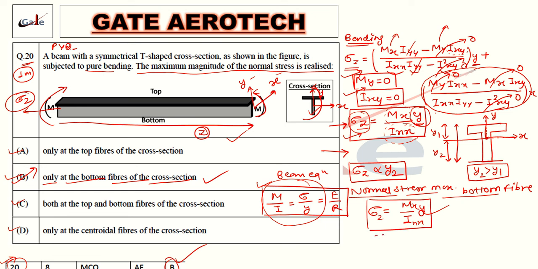So according to this, sigma z is proportional to y, and y2 is maximum, so at the bottom fiber again it will be maximum. So these were the two ways. Mechanical people try to use this equation, aerospace people will try to use the other equation. Both are one and the same thing. If you assume these two things, you will end up with this equation only.